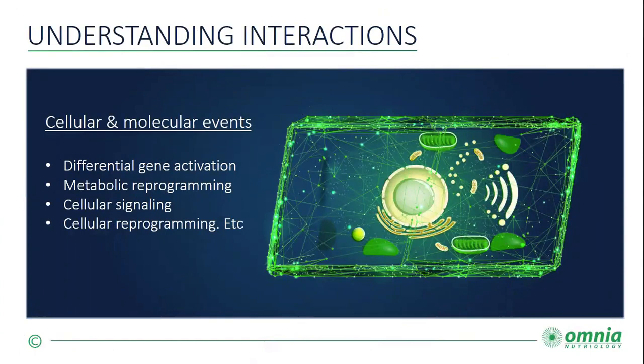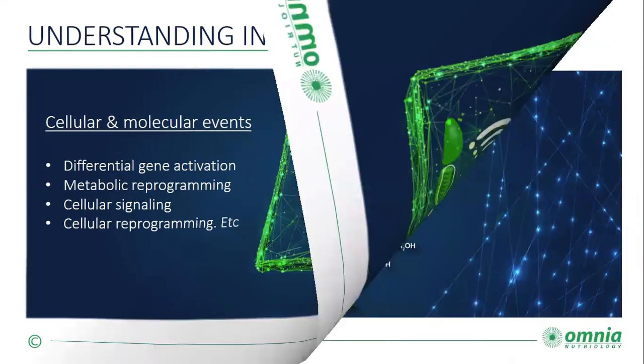Now, if we look at trying to understand these interactions, firstly, it's important to acknowledge that a plant's initial response to a biostimulant application occurs on a cellular level through differential gene activation, metabolic reprogramming, cellular signaling, cellular reprogramming, for example.